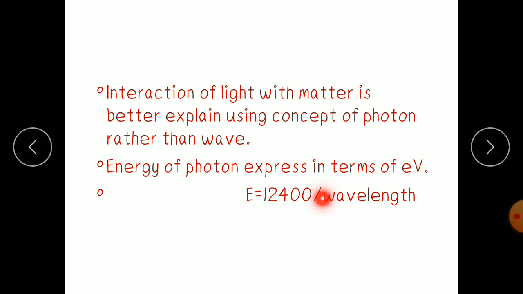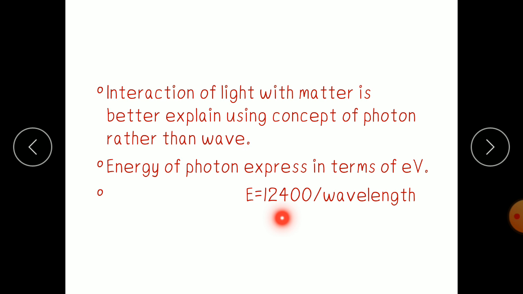If we substitute the value of c, the velocity of light, it is 3 into 10 to the power 8 meter per second, and the value of h is 6.626 into 10 to the power minus 34 joule second.